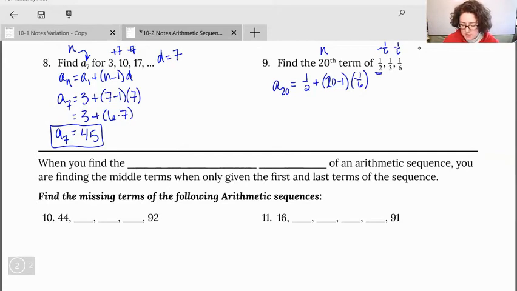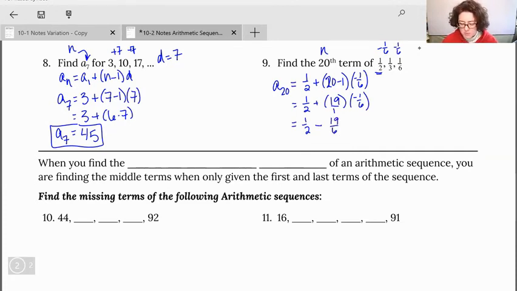So again, 20 minus 1 gives me a positive 19 and -1/6. If we're multiplying fractions, we're just multiplying straight across. So this is really 1/2, plus positive 19 times negative 1/6, which really means negative 19 over 6.